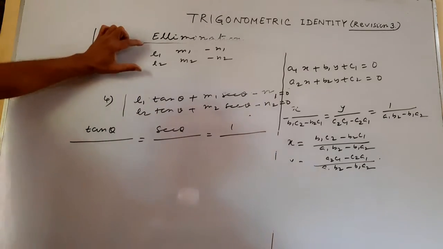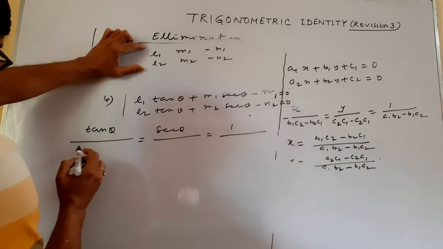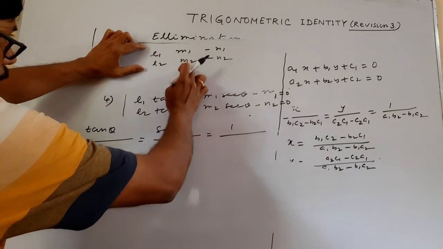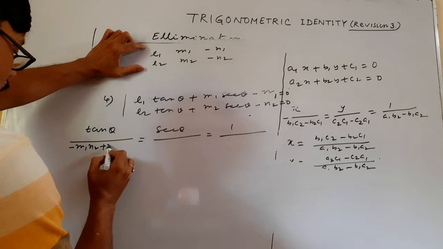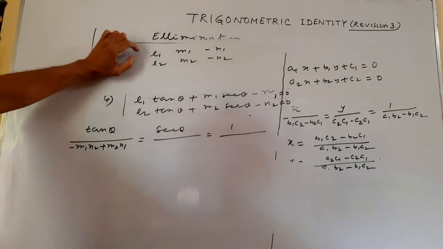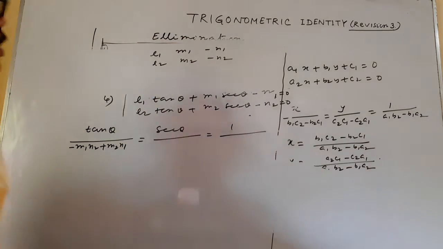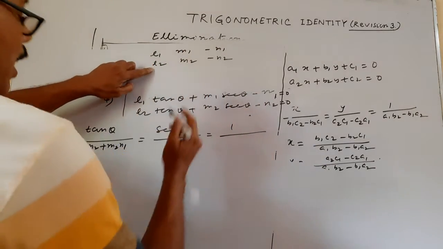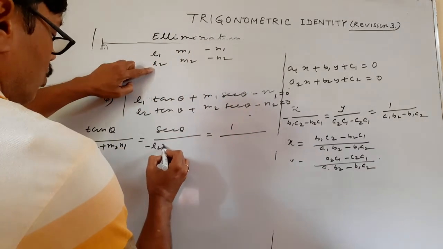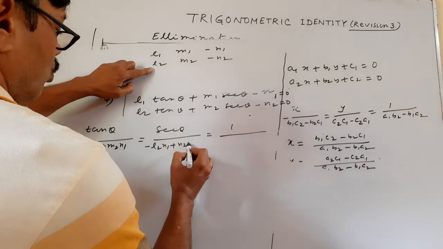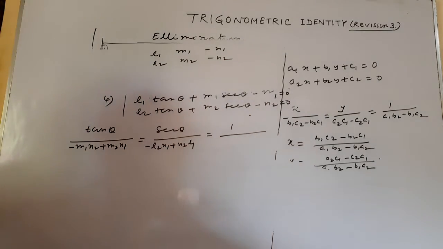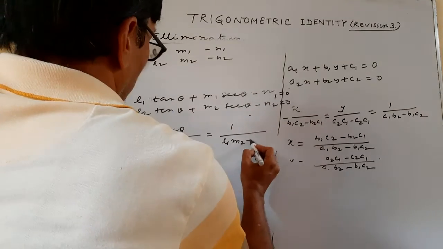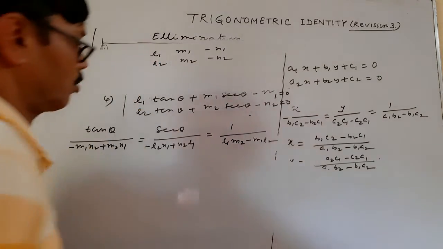So what is tan theta? Minus m1 m2 minus m1 m2, minus plus m2 m1, and there is a restriction. So this term at first is minus L2 m1 plus m2 L1, and this one is L1 m2 minus m1 L1.